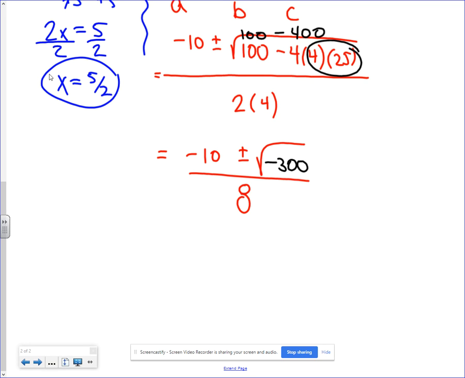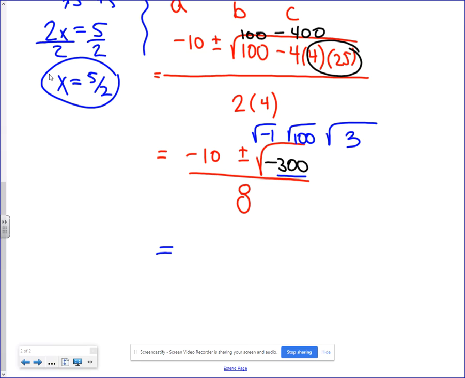So we need to simplify our radical. We can pull out the square root of negative 1. And now I've got to focus on 300. 300 is not a perfect square. So I've got to find the largest perfect square that divides 300, which is 100. So I can break this down to the square root of negative 1 times the square root of 100 times the square root of 3. If you take negative 1 times 100 times 3, you get negative 300.